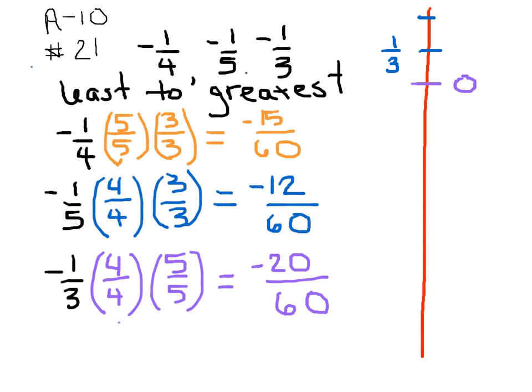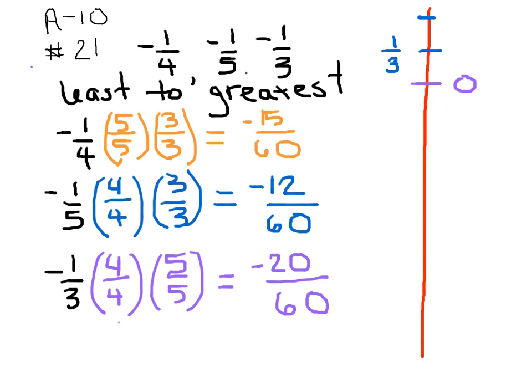So now I have my 3 numbers, and I'm going to order them from least to greatest. So I look here, and I see I have negative 12 over 60. Let me grab another color, let me do green.